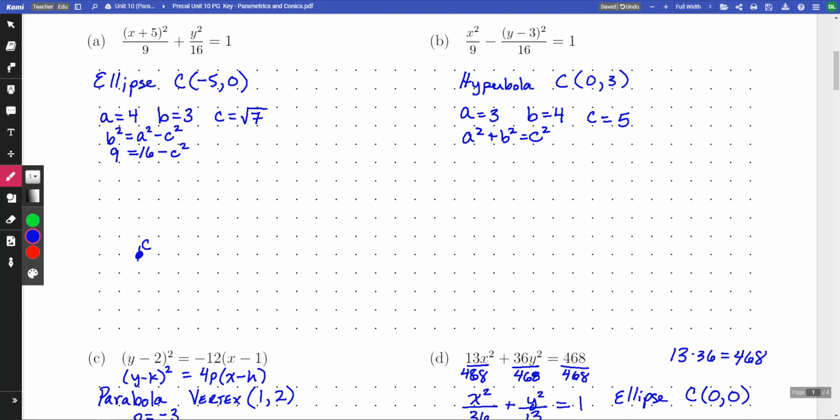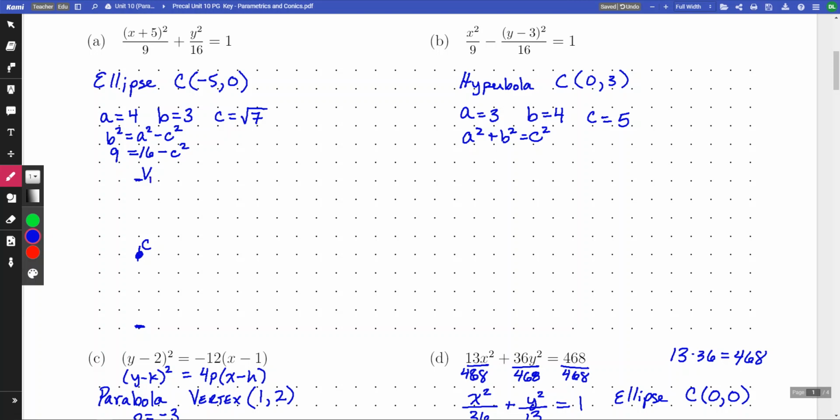Now my semi-major axis is going to lie along the y, and so I'm going to go 4 units up, 1, 2, 3, 4, and I'm going to go 4 units down, 1, 2, 3, 4. So that's going to be my distance from a vertex at my top and from a vertex at my bottom.